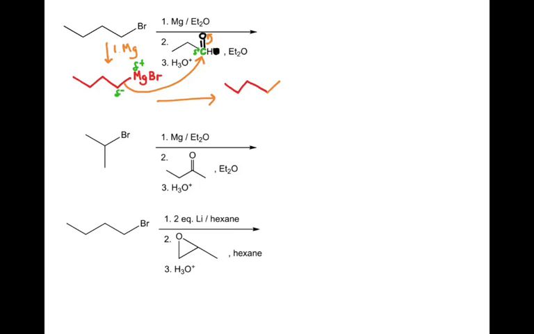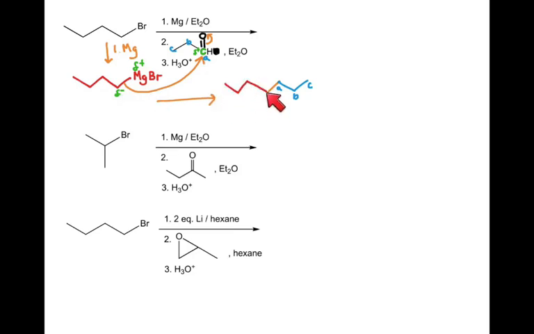So what I want to do in the beginning here is just label my carbons. We're going to call my electrophilic carbon carbon A, and that's connected to carbon B and carbon C. So here we have A, B, and C. So I've now indicated my new bond. 1, 2, 3, 4 carbons.